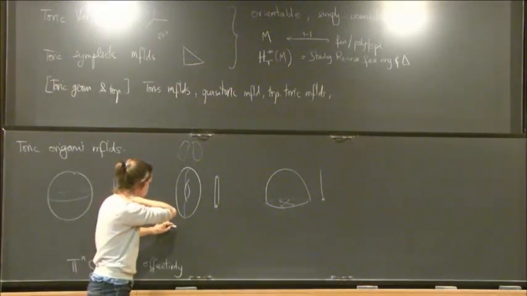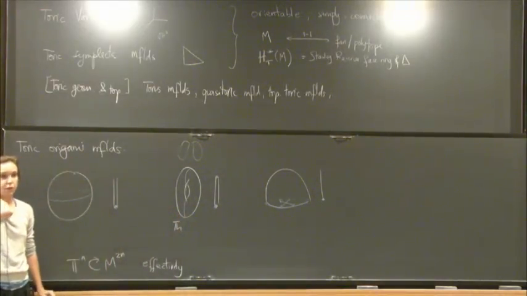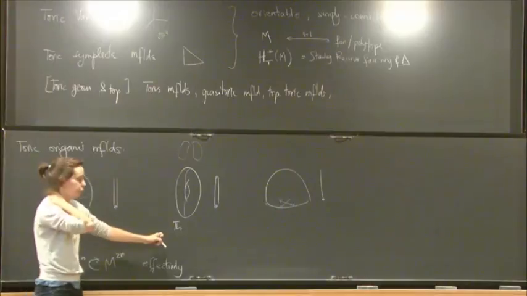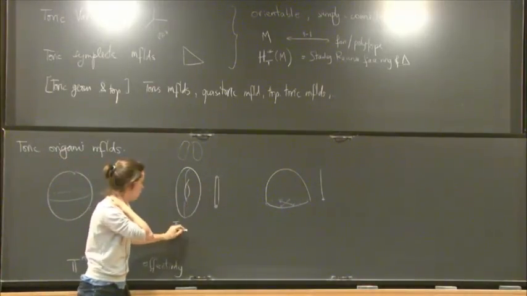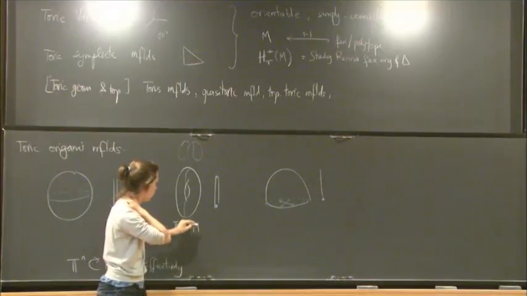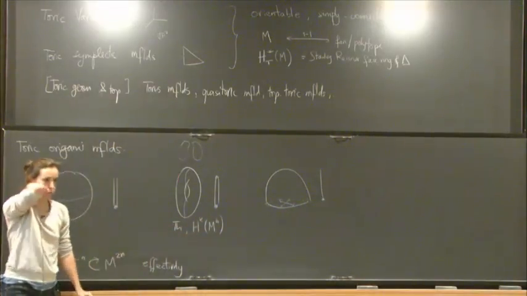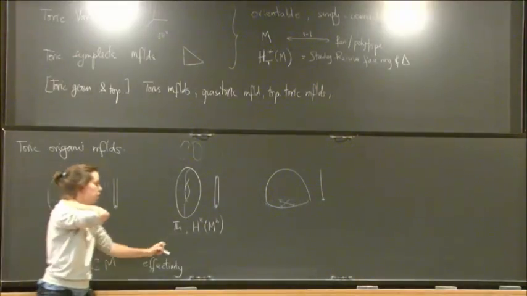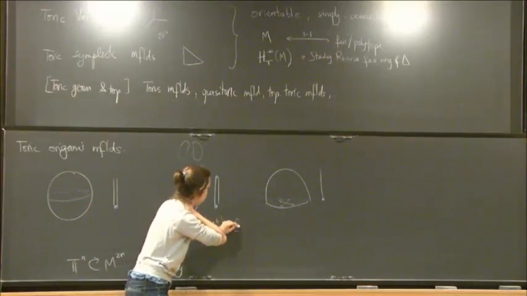We know what pi1 is. That was the first thing, because it's not simply connected. Can you read pi1 from this picture? And you can. And then you can get all the cohomology groups, like nice formulas for the cohomology groups of four-dimensional manifolds.